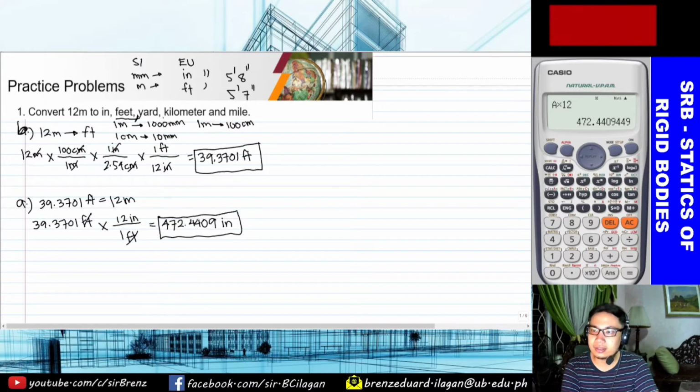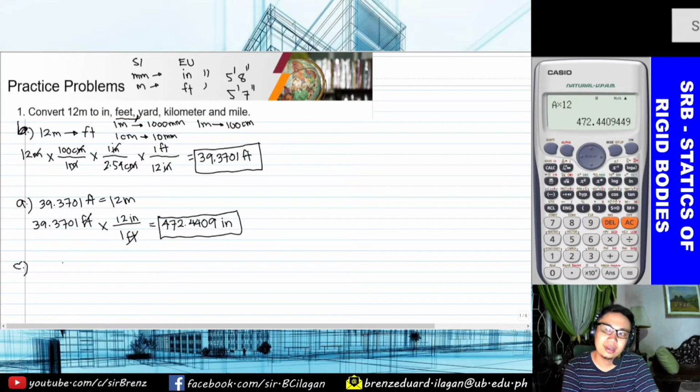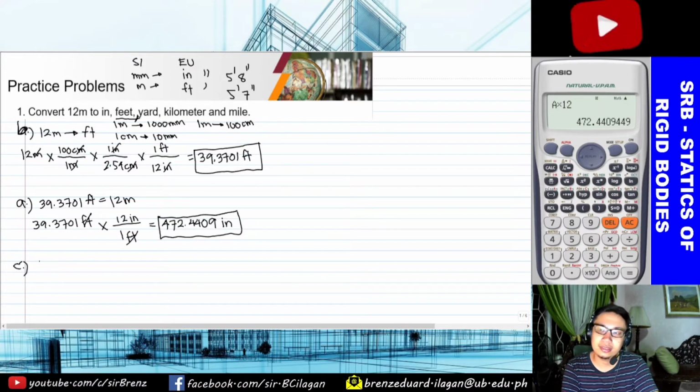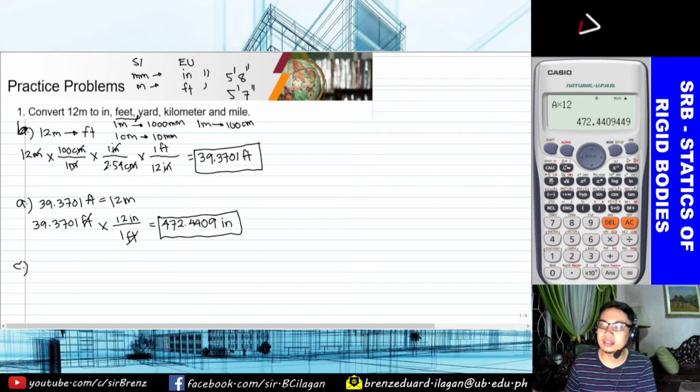Next, 2 kilometers to yards. Again, we tend to forget this one. I don't know if you still remember the conversion. The usual partner of yard is feet. So, how many feet are in 1 yard?